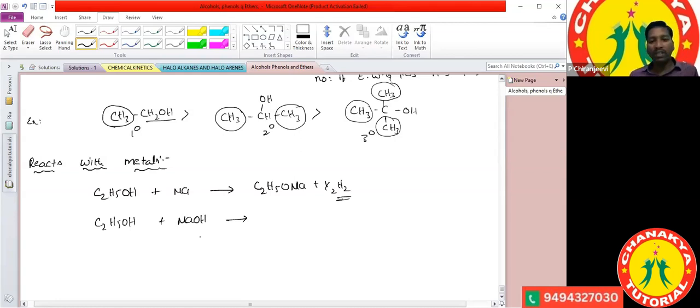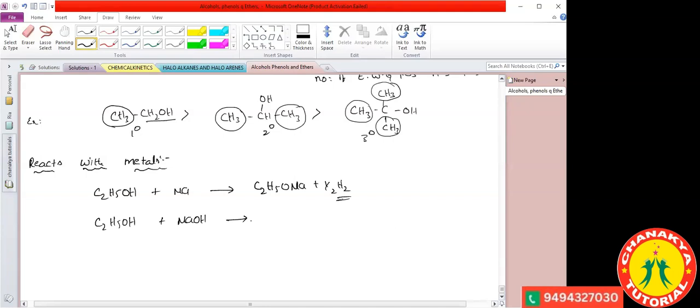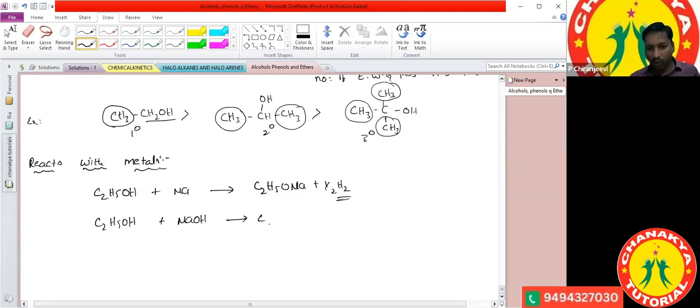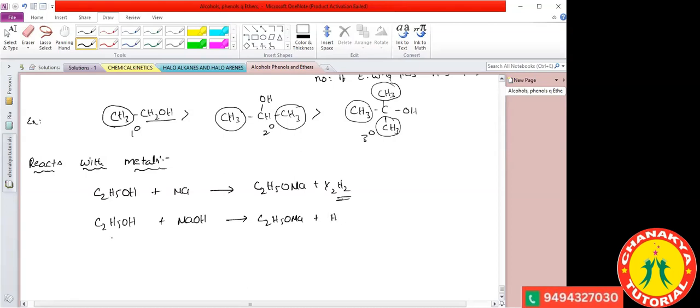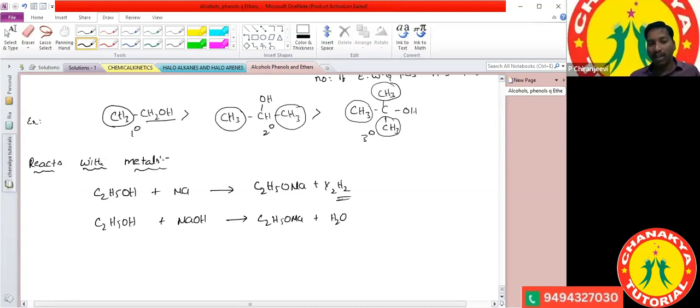The product is C2H5ONa plus H2O. Because acids release the H plus ion, that H plus ion combines with the OH minus ion to form a water molecule, and it forms sodium ethoxide.